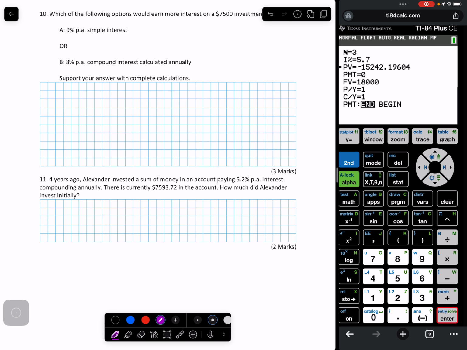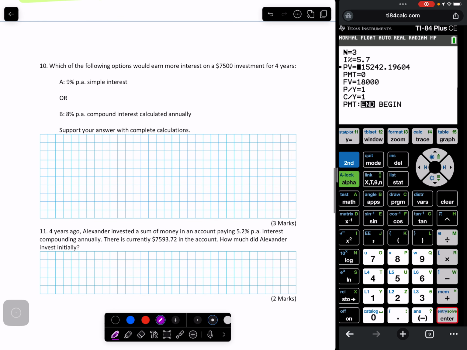Which of the following options would earn more interest on a $7,500 investment for 4 years? 9% simple interest for $7,500 for 4 years, or 8% compound interest calculated annually. So let's do the simple interest one. A, SI equals PRT.